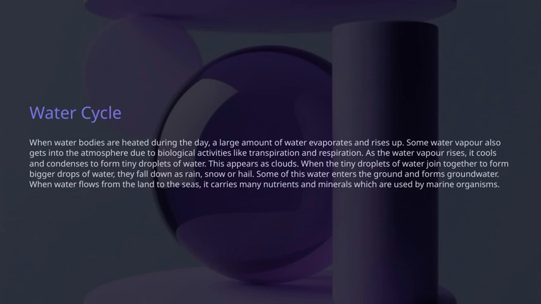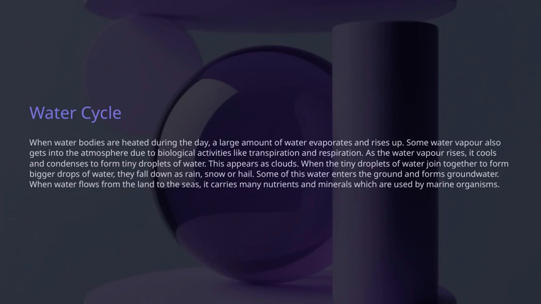Now, when these tiny droplets collide and stick together, they form larger drops of water. Eventually, these drops become heavy enough and fall back to the ground as rain, snow, or hail, depending on the temperature. Some of this water seeps into the ground, creating groundwater stores, which are crucial for many ecosystems and human use.